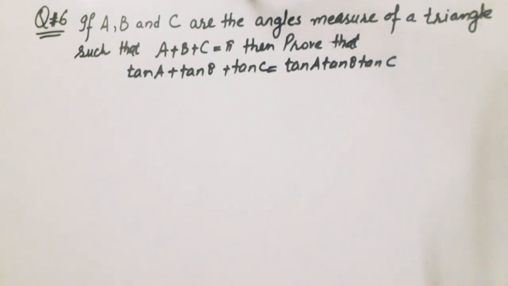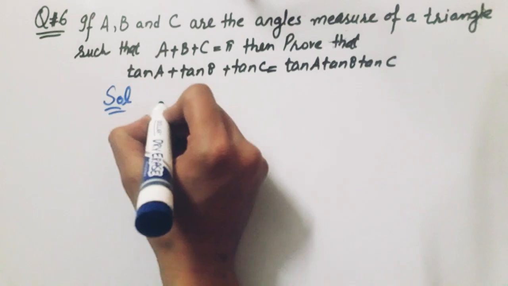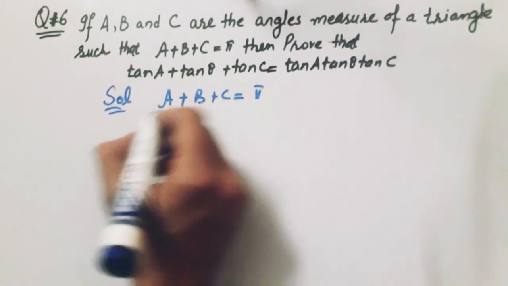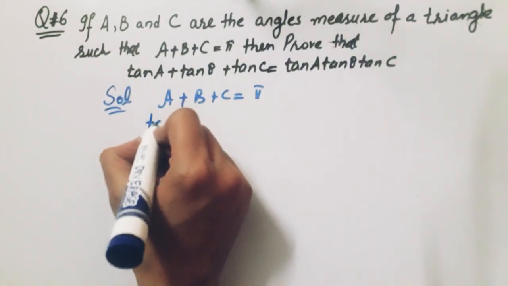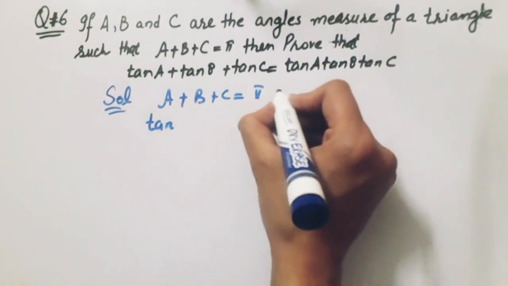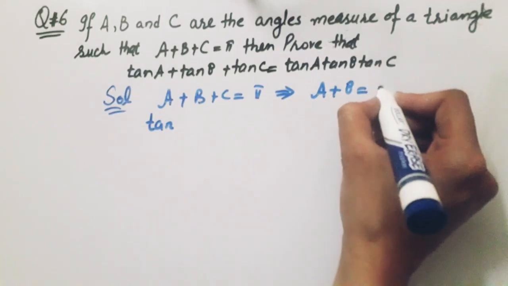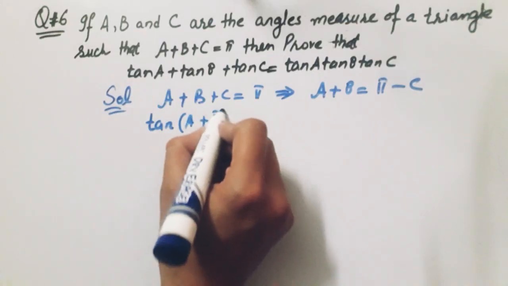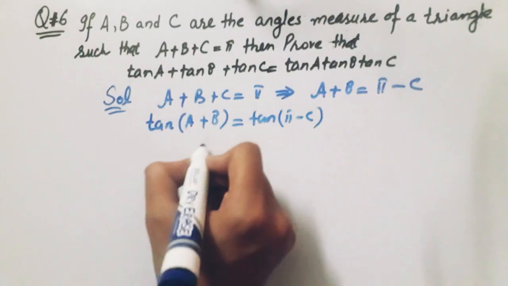First of all, you will consider the given situation, that is A plus B plus C is equal to pi. Now you will apply tan upon this, then A plus B is equal to pi minus C.